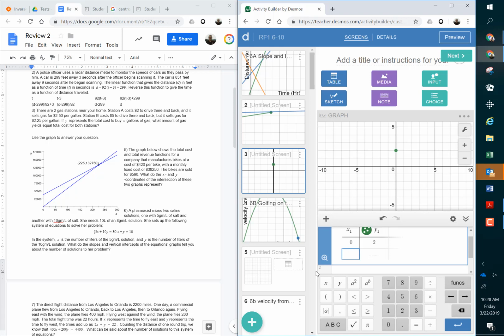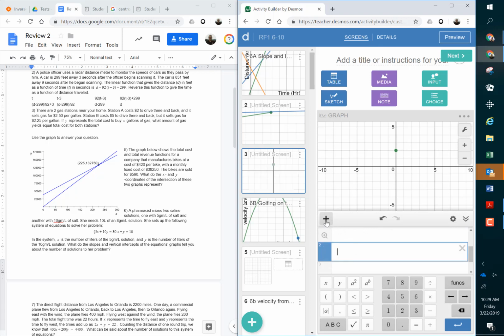So 10 gallons would cost $25 plus $2, because you have to pay for getting the gas.